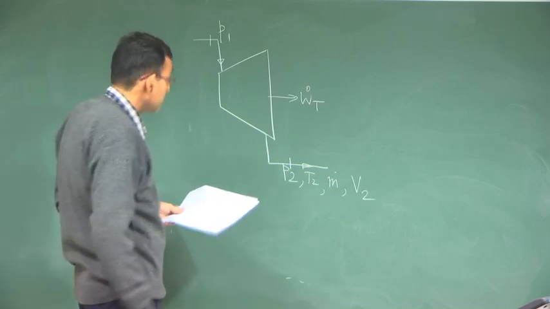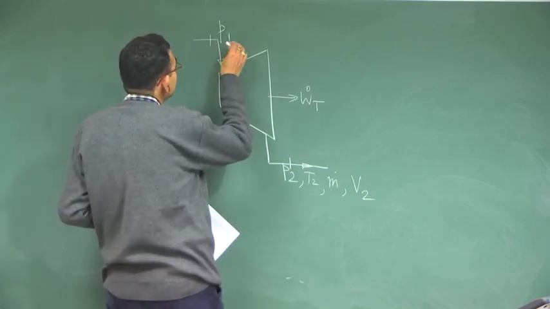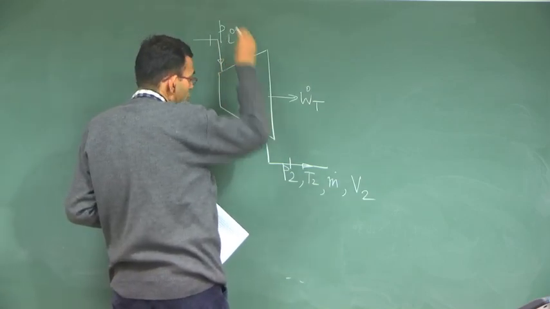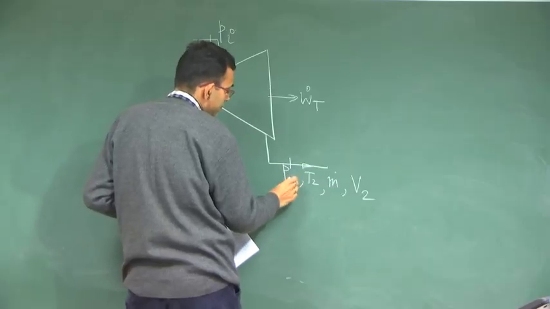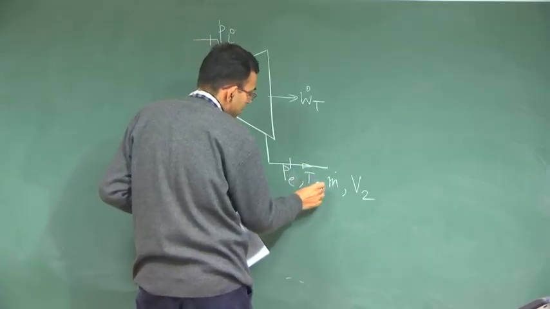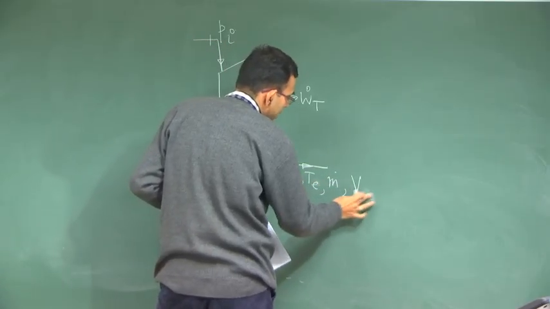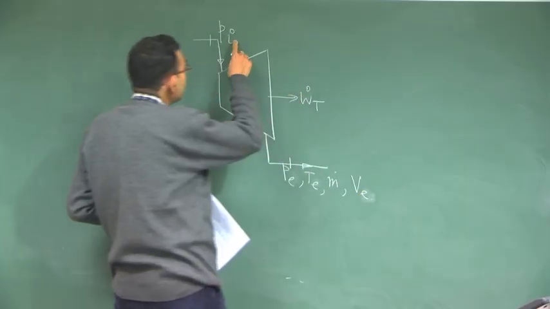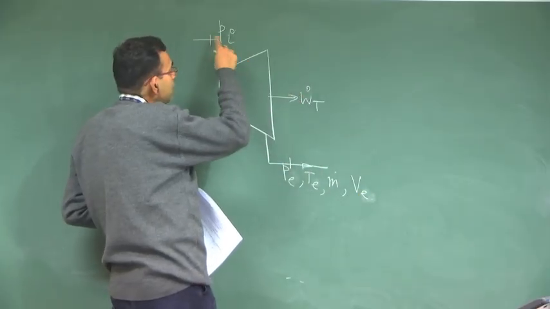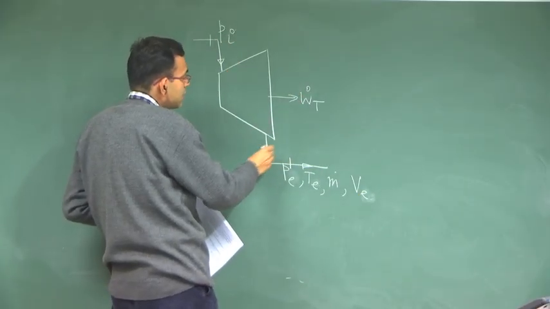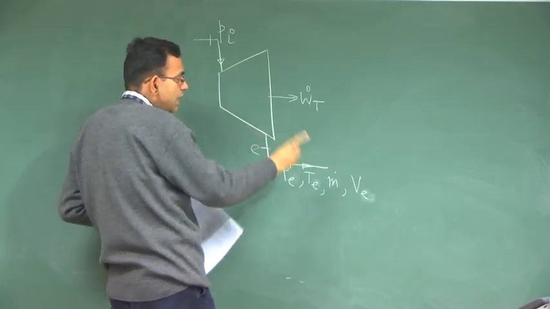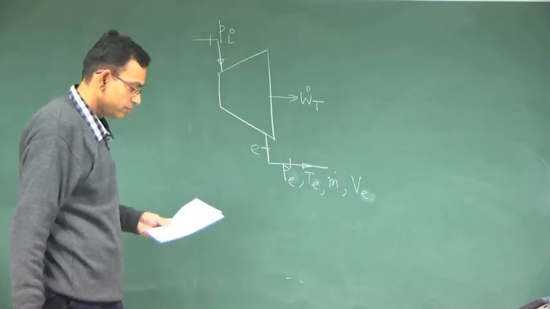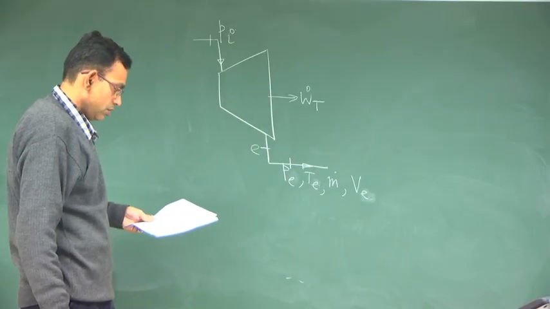So, we call this as I and we call this as E, that is better, because for the turbine, that is the steady state steady flow picture, we have one inlet and in this case one exit. So, I and E are our usual symbols. Okay.